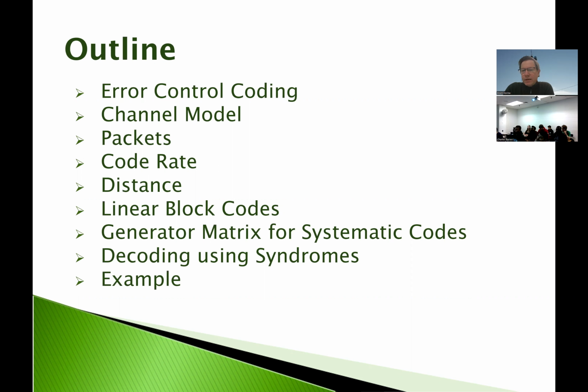And then we'll look at some definitions and go through the process of encoding and decoding, and then maybe we'll have time for an example. And we'll have a homework assignment associated with this that'll be due next week. I think that'll work out for you. It should be pretty straightforward.